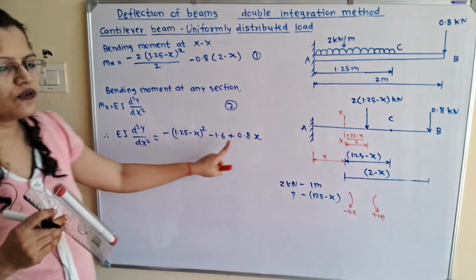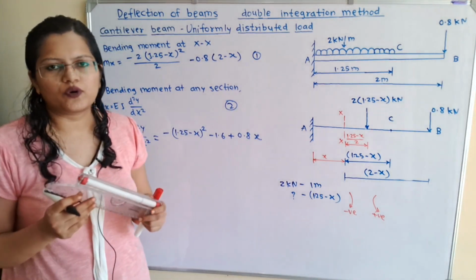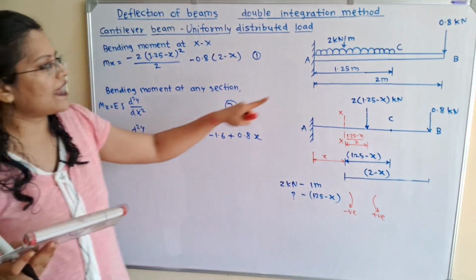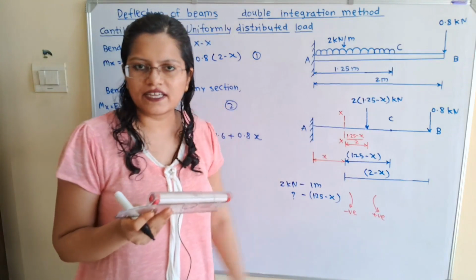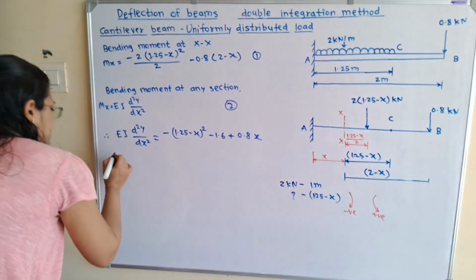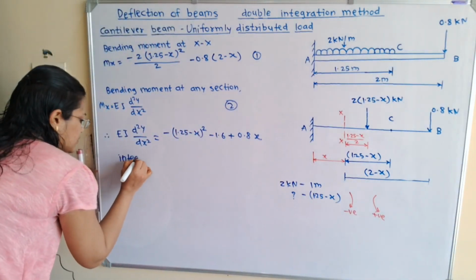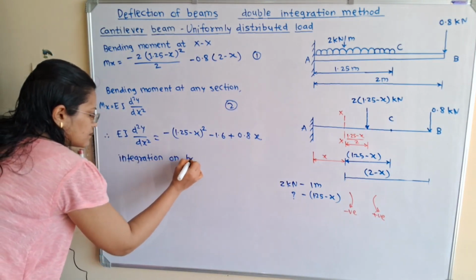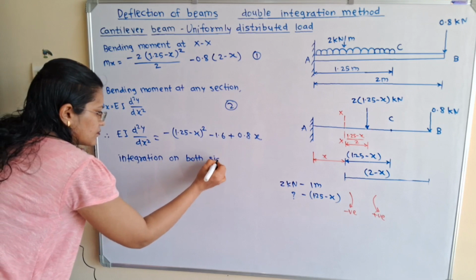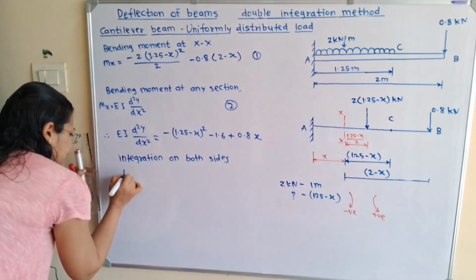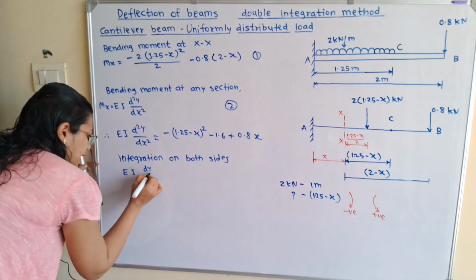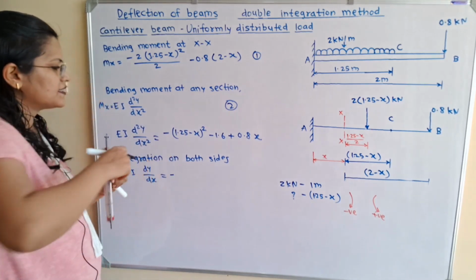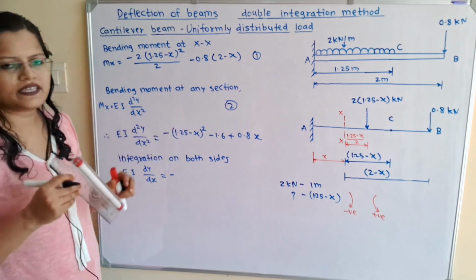Now we have to take the integration on both sides to get the slope equation, but the question is we have to calculate the deflection at the end B. So again we will take the integration on both sides. I will take here EI dy by dx is equal to, so I will take minus sign as it is. Now how to take this integration?